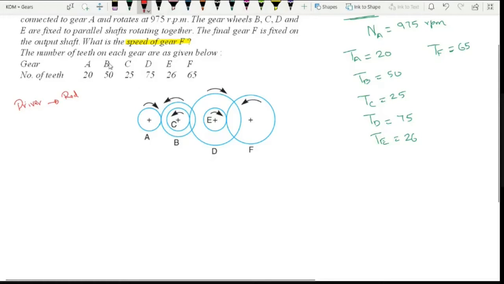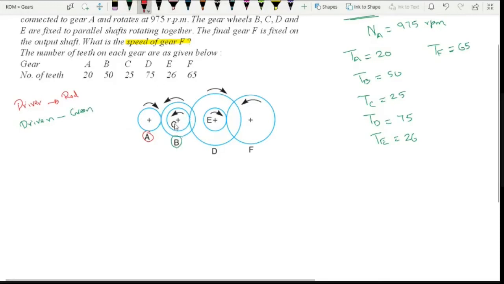If I consider here A is a driver, A is connected to B. So B is a driven. So for driven, I am using green. Right? Similarly, you have C here.